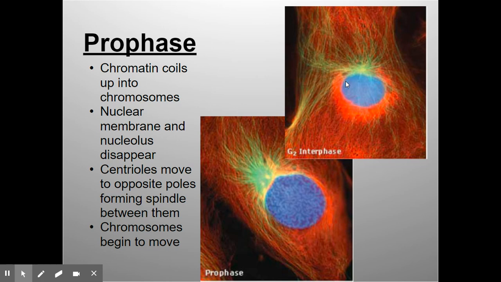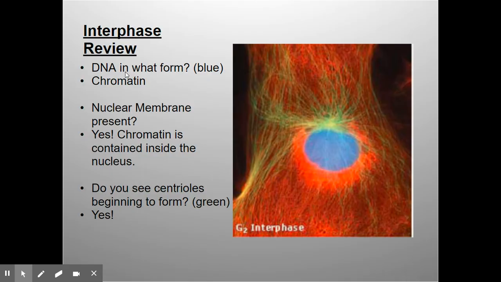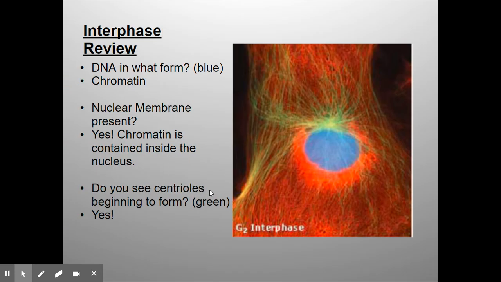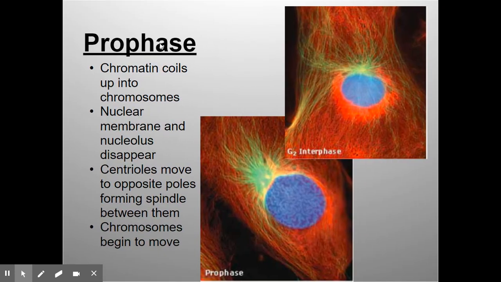Continuing on, we're talking about the specific phase of mitosis now, which is this phase right here in the cell cycle. We're talking about the actual division process. First phase is prophase. This is where our chromatin coils up into our chromosomes, into our X-shaped things. Remember us talking about that last time?